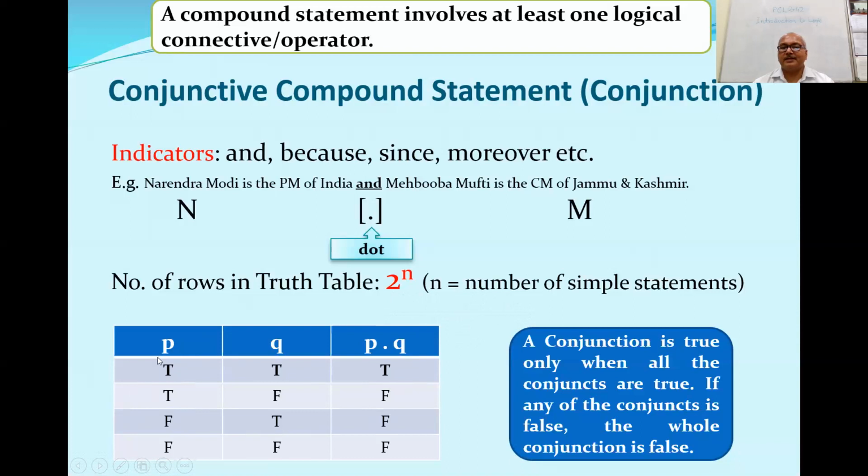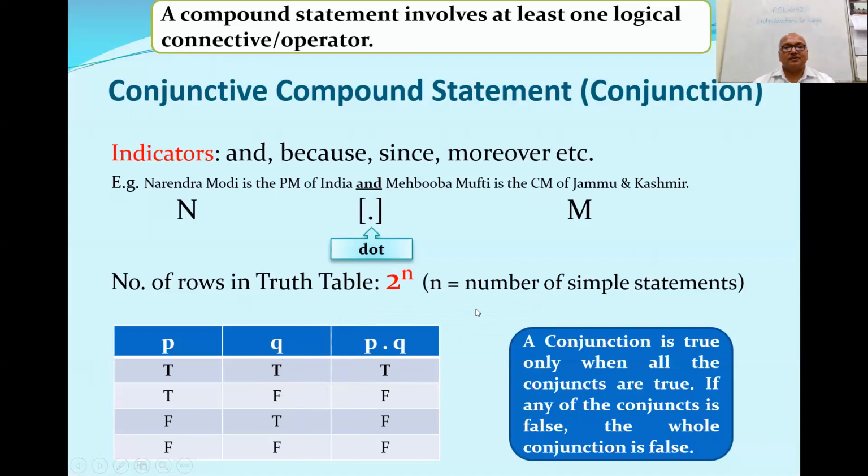So below P, we will write first 4T and then 4F. Then below Q, we will write 4 divided by 2, so 2: TT, FF, TT, FF this way. And then below R, we will write TF, TF, TF, TF. So that's the way we calculate the possibilities of truth value.